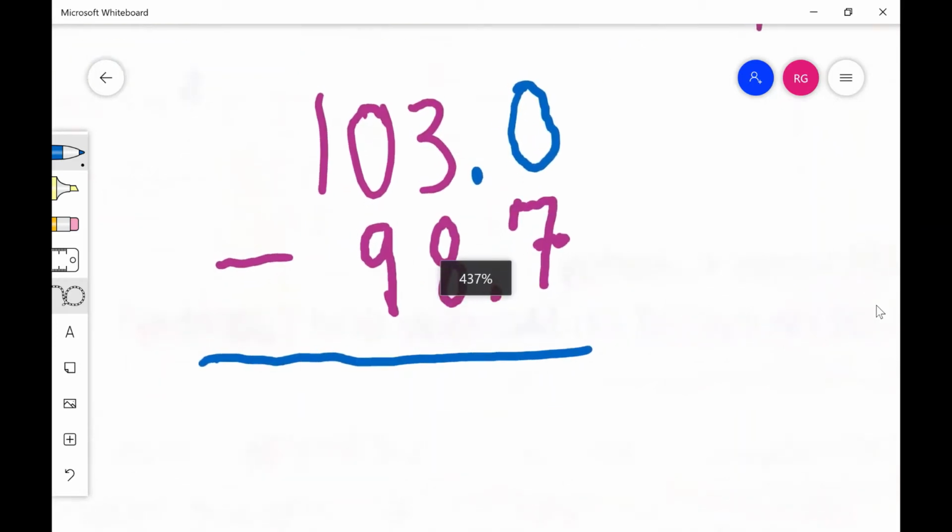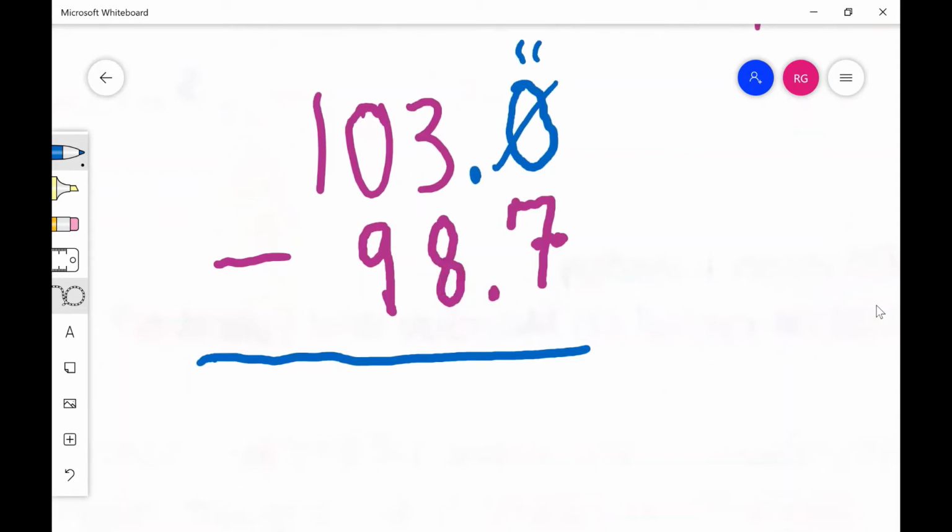Okay. All right, so we did that. We have 103. So what does this become? Help me out. 10, right? And what's this? 12. Yeah, 12. Okay, and what's this? 9. 9, and this cancels, right? All right, so then we'll just do 3 and bring our decimal straight down.